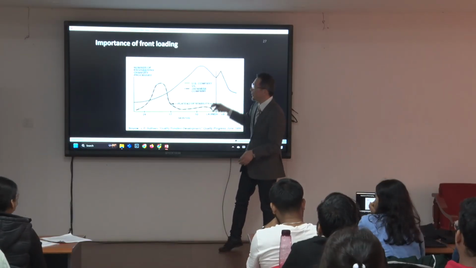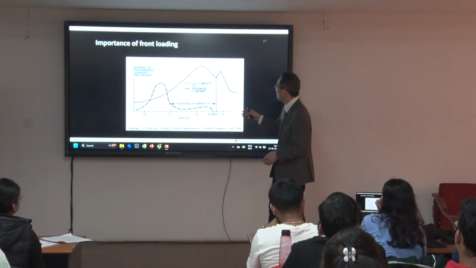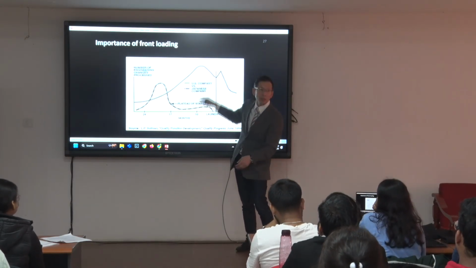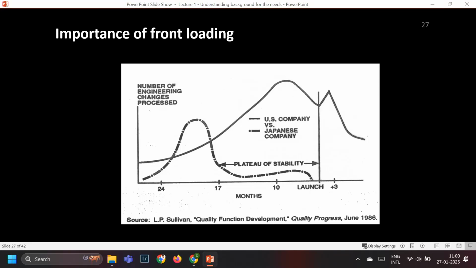Whereas US companies turned out to make a lot more changes than Japanese companies in a later stage. And this causes a lot of additional costs, in terms of, of course, time. So that is, of course, not efficient.